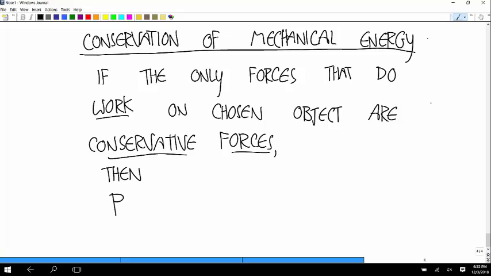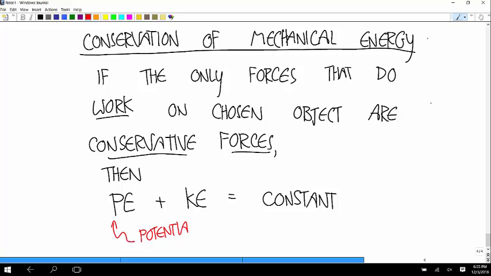the potential energy of the object plus the kinetic energy of the object is a constant. PE is how I'm going to label potential energy. KE is what I'm going to call kinetic energy.